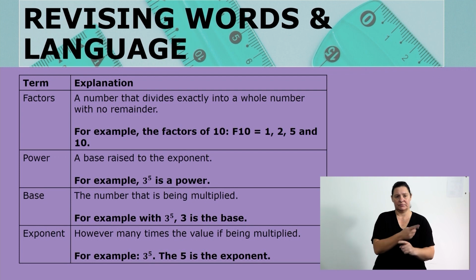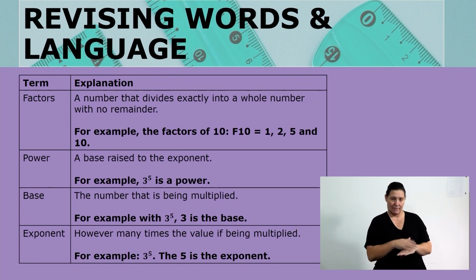Power is a base raised to the exponent. For example, 3 raised to exponent 5 is a power. Base is the number that is being multiplied. For example, with 3 exponent 5, the 3 is the base.